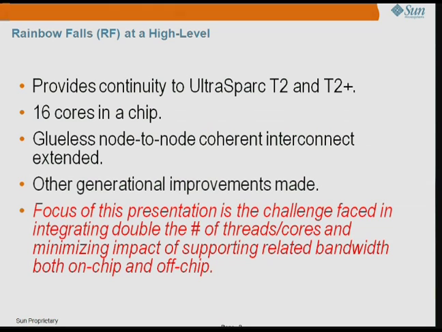I'd also like to mention some of the other generational improvements that have been implemented in order to either keep with the industry standard or support the greater number of threads on our chip. One example is PCIe Gen 2.0. We've enhanced the I/O networking by implementing Gen 2.0 speeds. Within the core, we've implemented certain ISA extensions, for example, fused multiply-add in the floating point to enhance floating point performance.